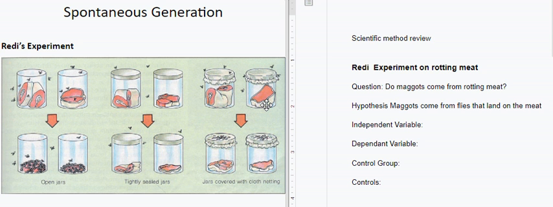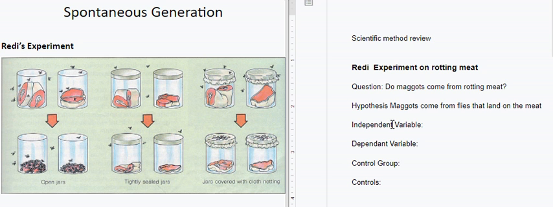with the same types of meat and for the same amount of time, same size jars, everything needs to be the same except for the one variable. We identify this as the independent variable.